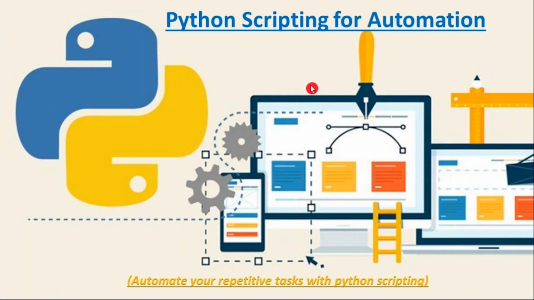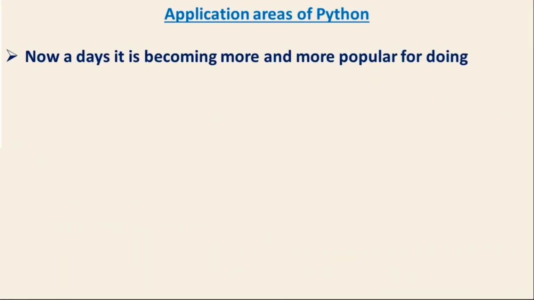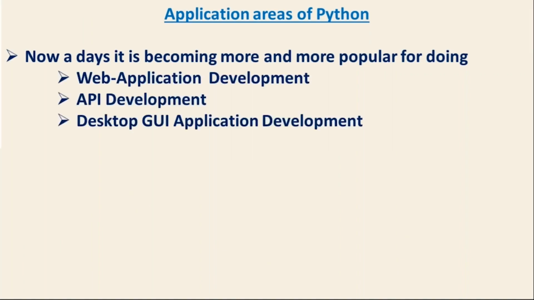Friends, Python is very popular in different areas and one of the areas is automation. Let me show you the different areas in which Python is popular. See, Python is popular in application development, I mean like web application development, API development and some GUI application development for your desktops, right?